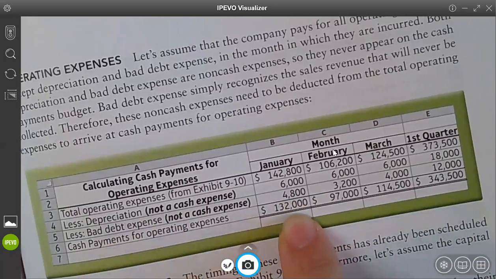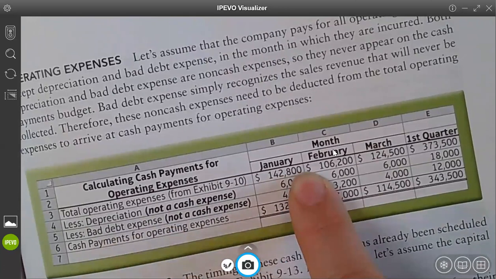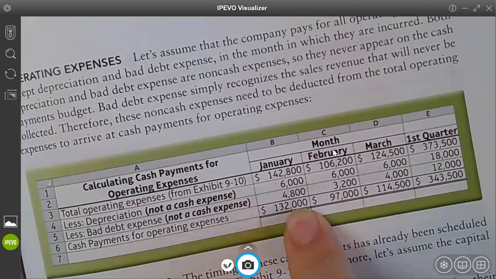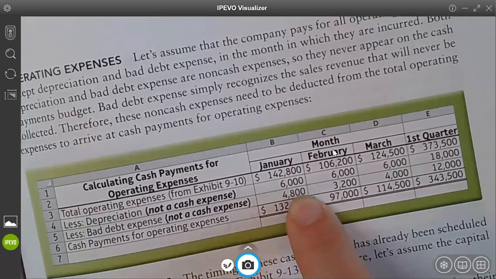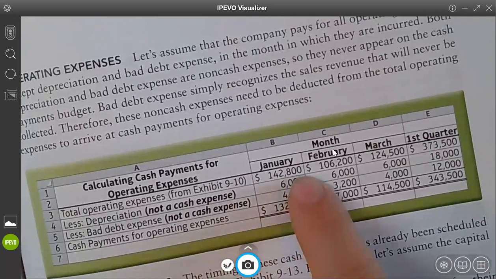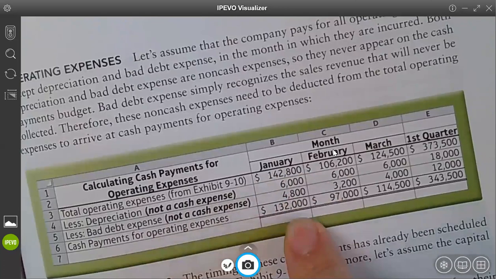Your cash payment is much lower than your expense because of these non-cash items. So your cash amount is 12,800 less than your expense. Depreciation expense and bad debt expense are your expenses, but they are not your cash payment.